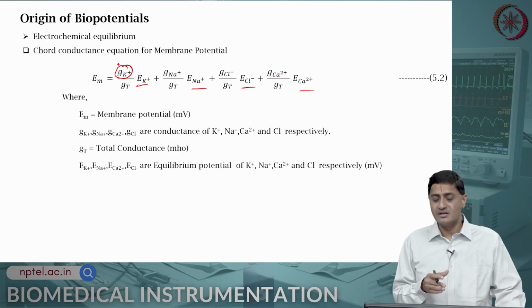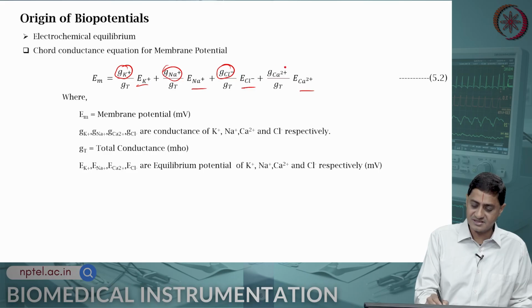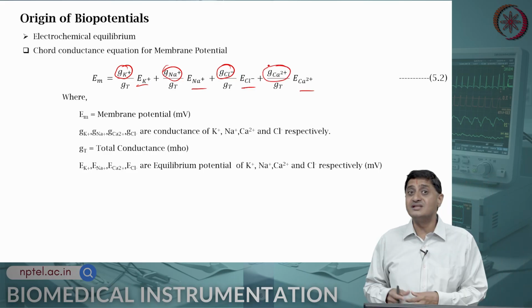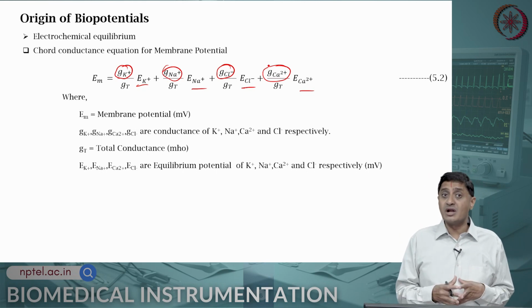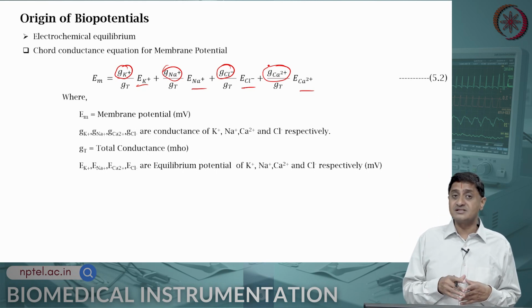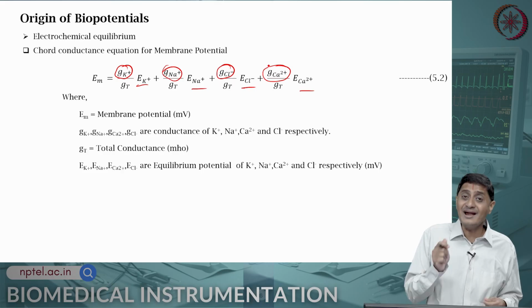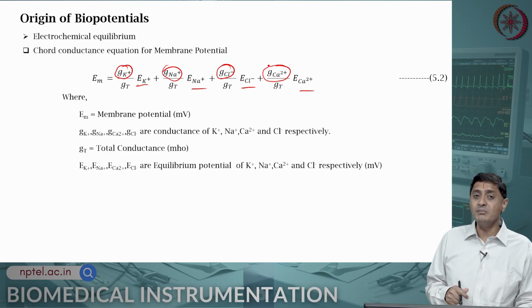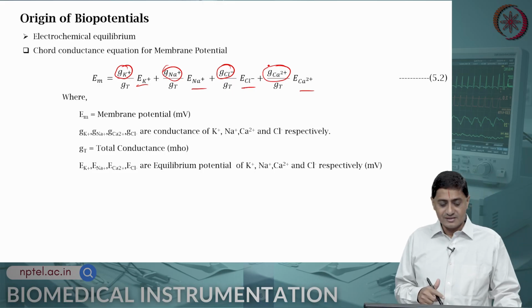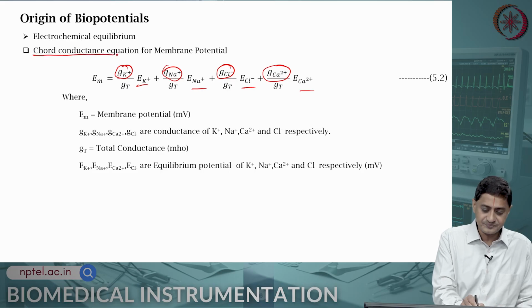This is the potassium conductance, this is the sodium conductance, this is the chloride conductance, this is the calcium conductance. The sum of all this is the total conductance. How much contribution an ion makes to the total conductance determines how much closer the membrane potential will be to that ion's electrochemical equilibrium potential.